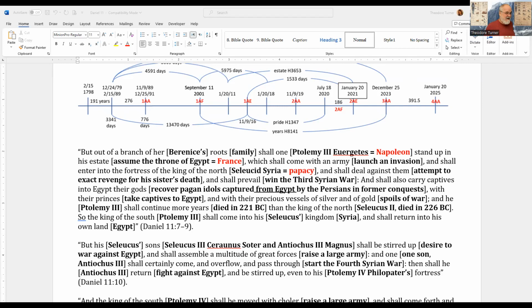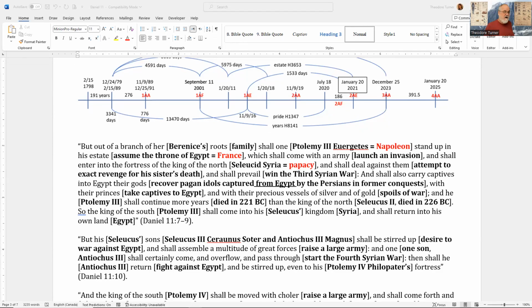And we attach that to this period of the four winds that scatter. So that's going to be, let's see, how did we do that? We have the four winds of heaven. His kingdom shall be divided to the four winds. So the word four winds together is 809.